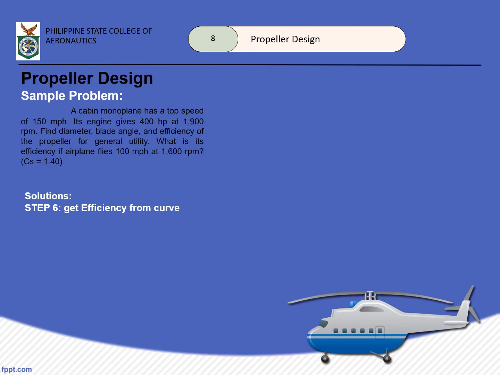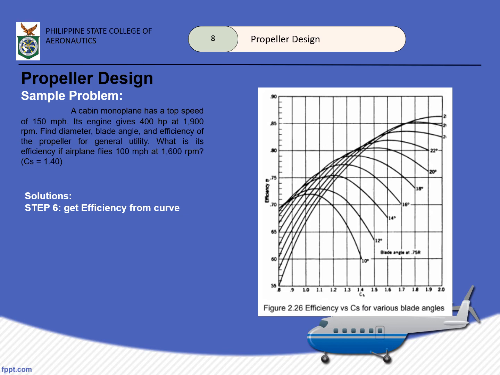so what is the next step? So the last step is get the efficiency from the curve using what? Diba? May anong component to? CS and efficiency. So we need to get the efficiency. How? Ano ba yung given dito? Blade angle. So that's it. So our blade angle is again 19 degrees.